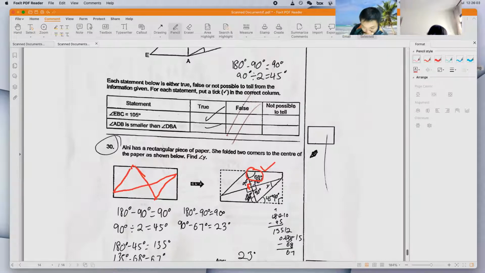So what you see here is, when you fold these 2 corners to the center, what it means is these 2 triangles, let me label them A, B, C. This is D, E. These 2 triangles are exactly the same. Whether they are 90 degree or not, I'm not sure yet, so I don't label them as 90 first. But what I know is this is the same.